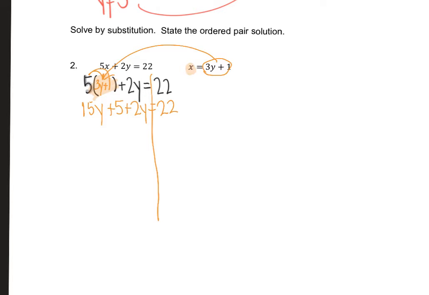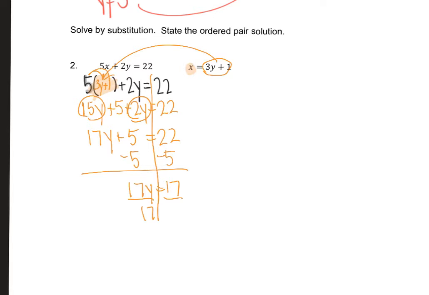And I'm going to go ahead and solve this. I'm going to combine my like terms. I'm going to get 17y plus 5 equals 22. And subtract 5 from both sides. And I get y equals 1.